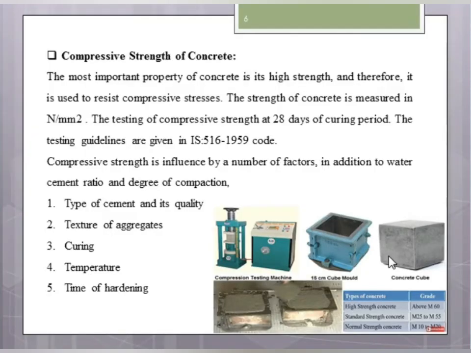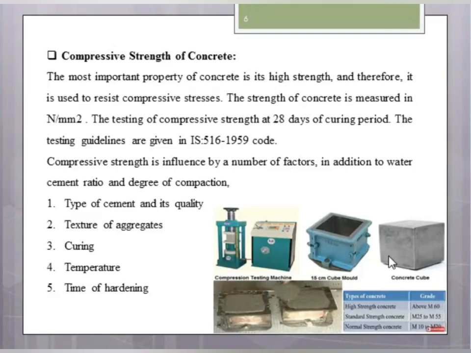Then the type of cement, in the sense of whether it is purely ordinary Portland cement or pozzolanic cement, like when fly ash is added, then that is pozzolanic cement.